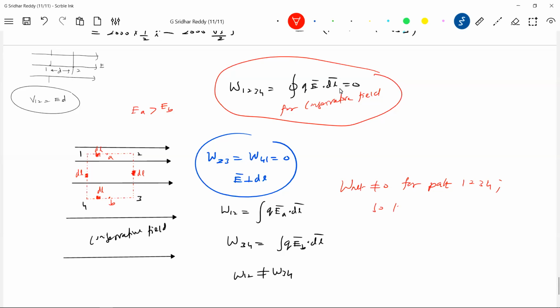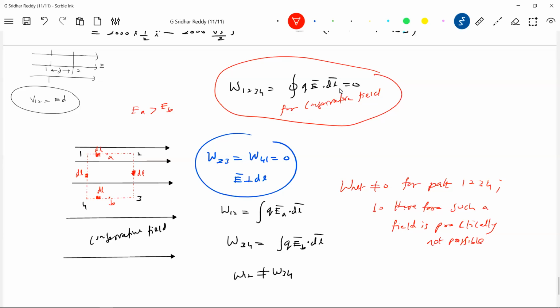So therefore, such a field is practically not possible. Okay, fine.